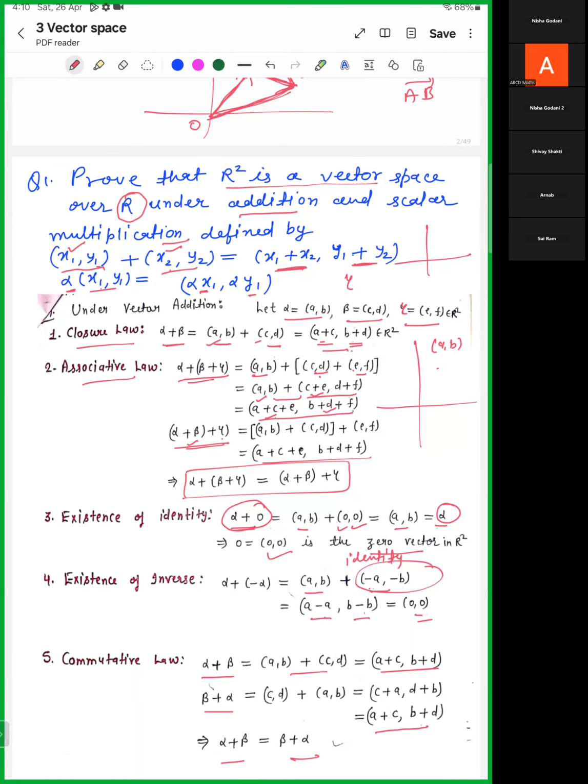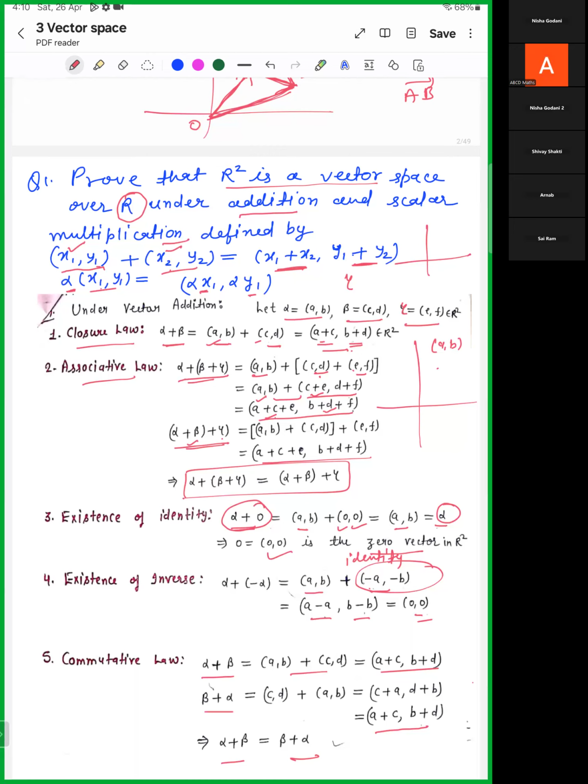And are you able to connect this with the usual vectors that you study? I told you that whenever you study about vectors, there is a concept of vector addition and scalar multiplication, not talking about the product right now. So that concept is generalized here.